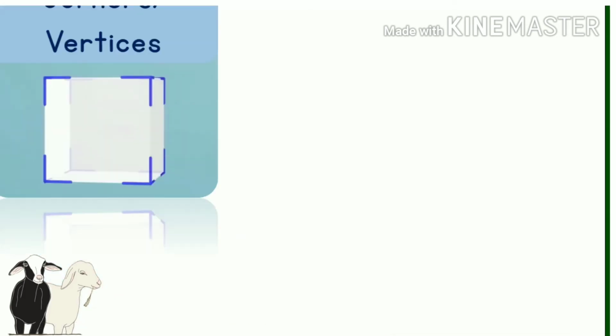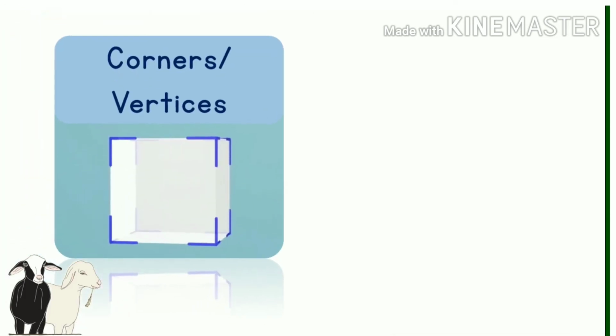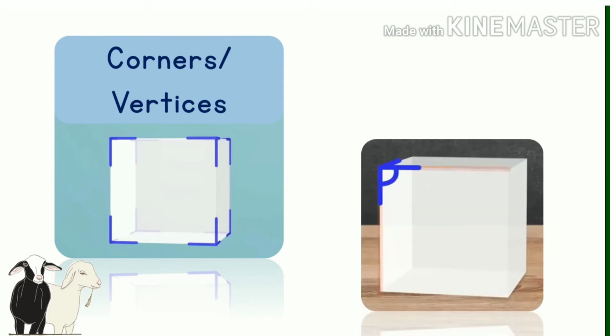Okay, now we move to the corners, or we call them vertices. In this cube, we call this one vertices or corners. It is where 3 lines gather at one time. We call this a corner.